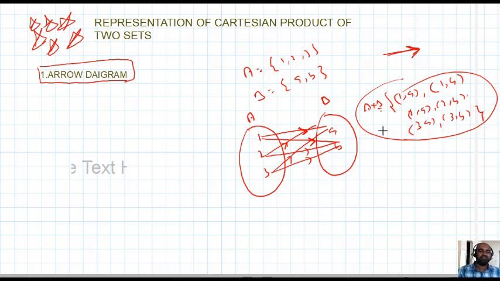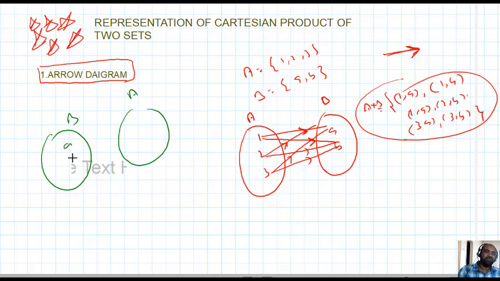For the same example, sometimes they will ask to find B cross A. So first you write set B, next set A: a, b, 1, 2, 3. a can pair with 1, a can pair with 2, a can pair with 3.